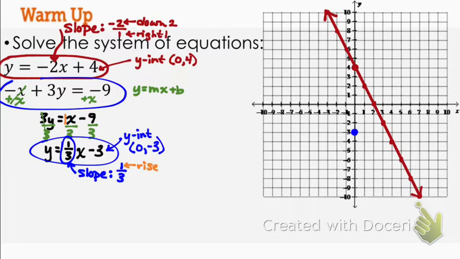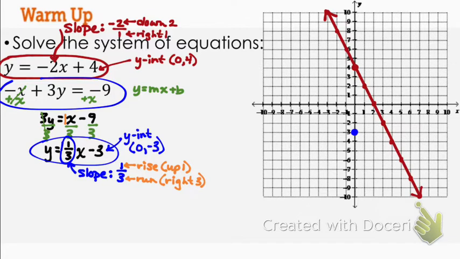It's positive, so I'm going to go up 3. Or sorry, not up 3, up 1. And then this is my run. It is positive, so we're going to go right 3. Yes. Because we added x to both sides. So we have a positive x and a -9, and then we divided by 3. So I have a positive 1 divided by a positive 3 for my slope.